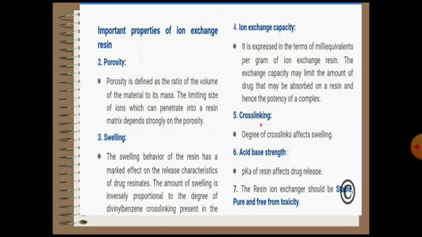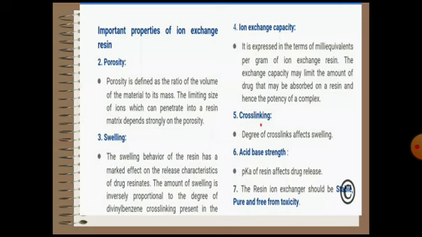It depends on which functional group is attached to the particular ion exchange resin and how much quantity you have attached. How many equivalents of the drug you have attached depends on the complete resin capacity. Cross linking: the degree of cross linking affects swelling, so the swelling is inversely proportional to the degree of cross linking.